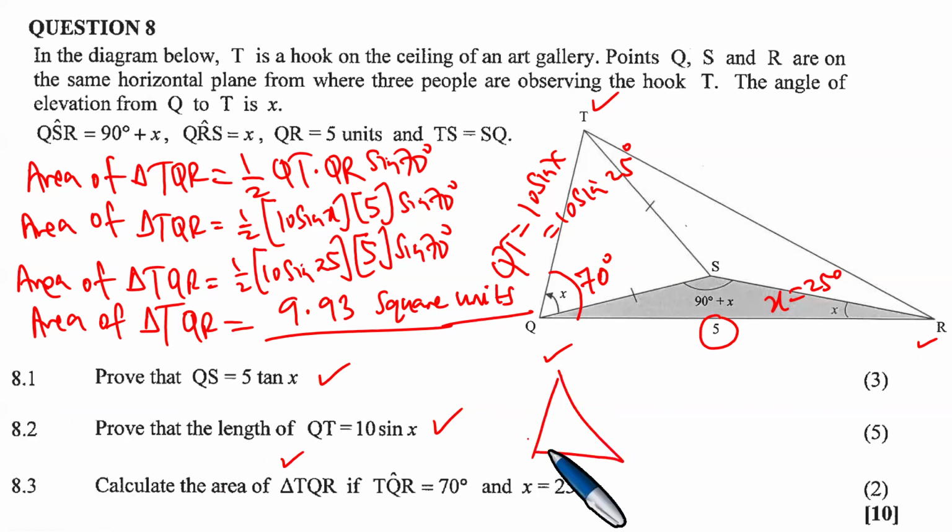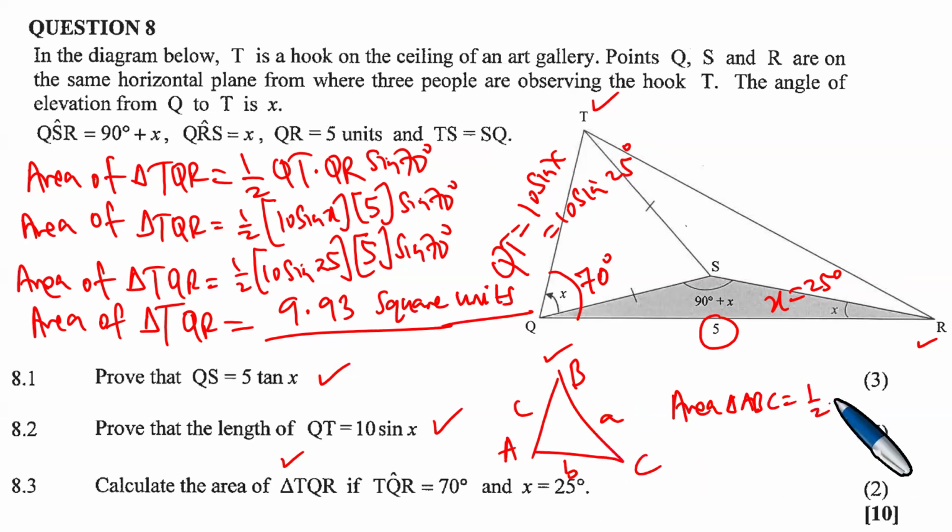It says that if you have a triangle like this, A, B, and C, the area of triangle ABC is half AC sine B.